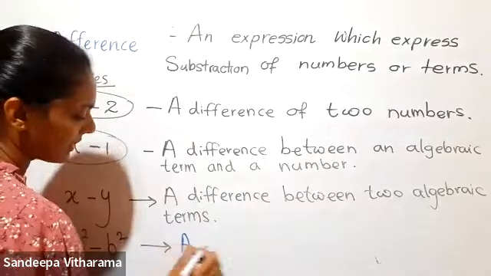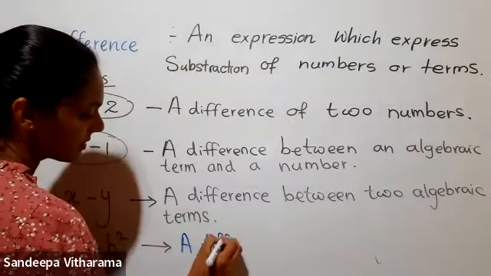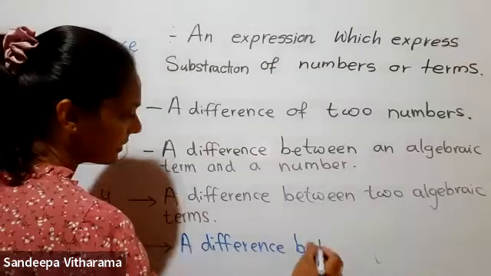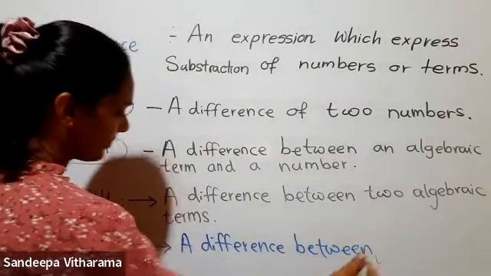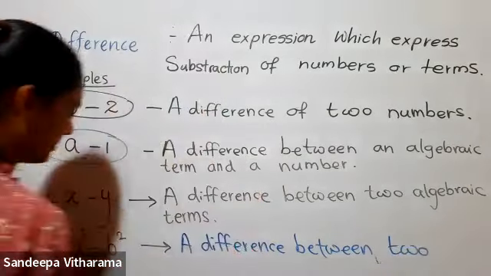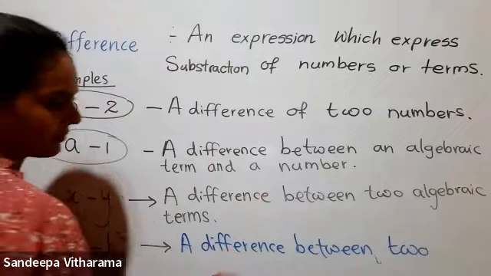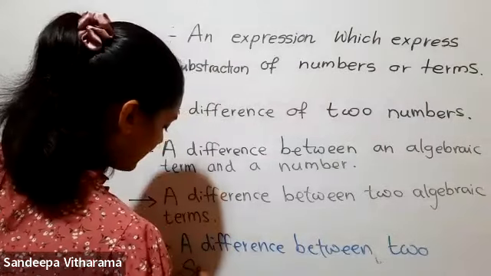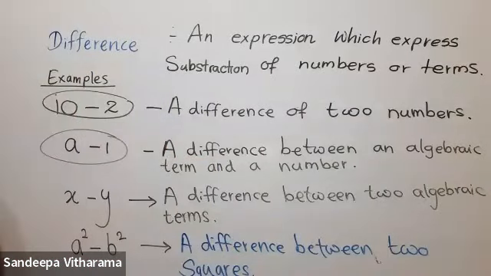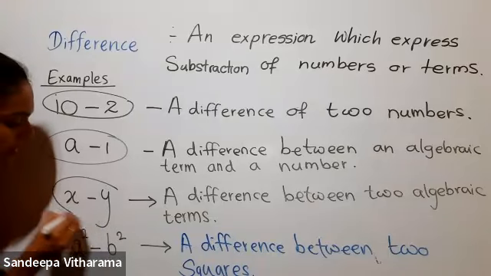We can call that a difference between two squares. Squares දෙකක් අතර difference එක කියලා කියන්න පුළුවන්. හරිද? These are the meanings of these expressions.